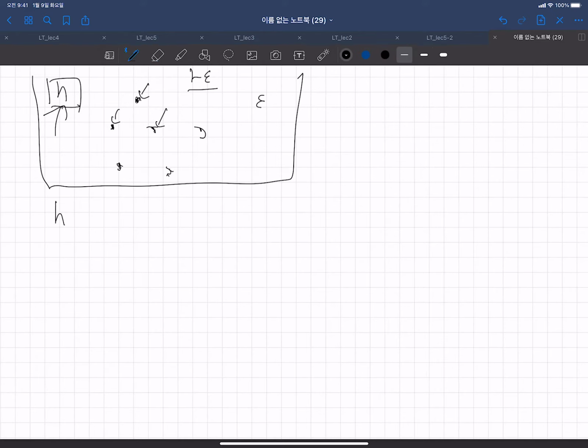For any other hypothesis H, we are considering another random sampling procedure.